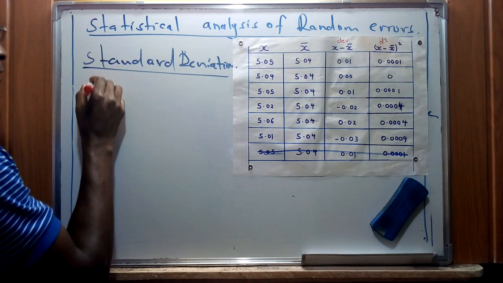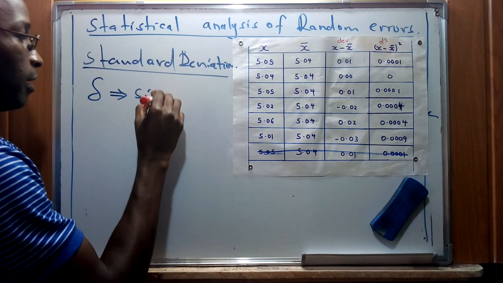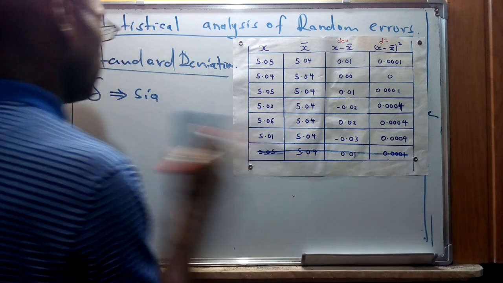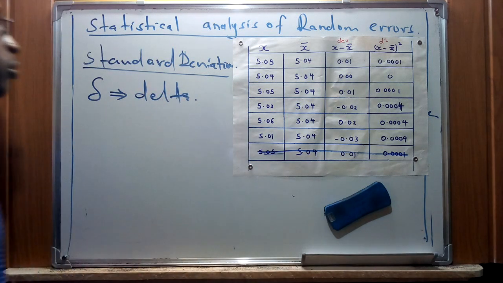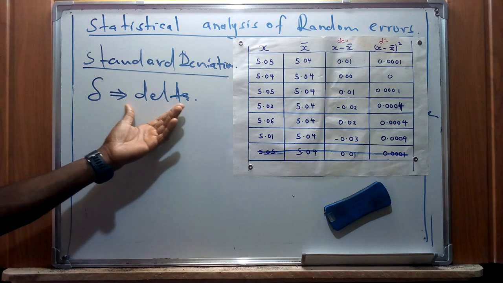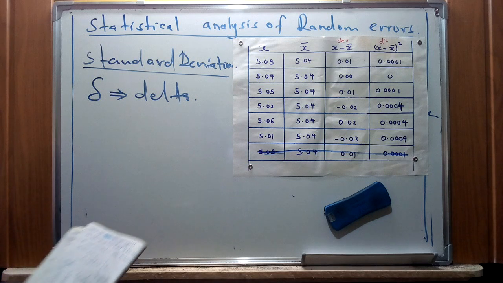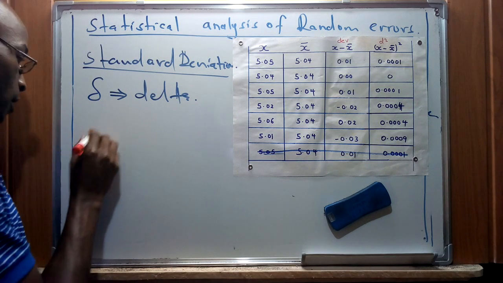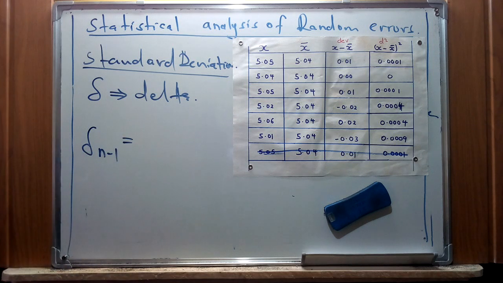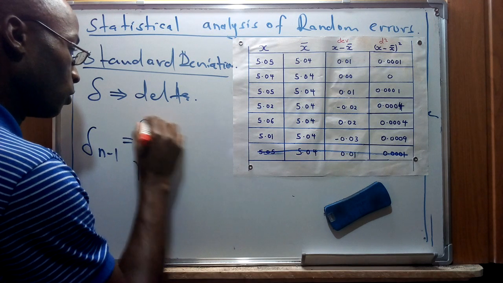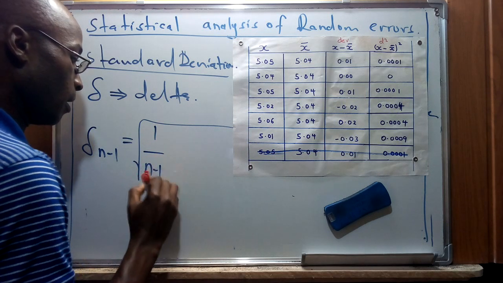So we say that standard deviation is given as, this is sigma. No, this is delta. So we're going to use this Greek symbol to denote a standard deviation. The standard deviation is given using the formula, now that we've discussed the concept of n, as the root of 1 over n minus 1.